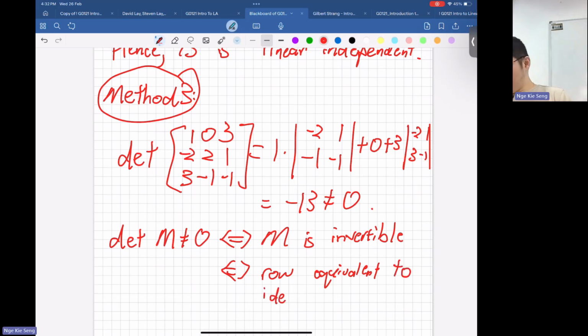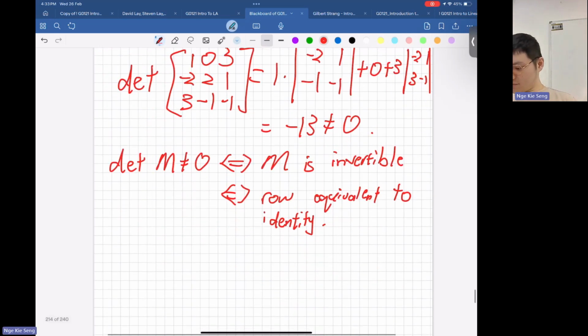But row equivalent to identity means the RREF of this matrix has a pivot in every row and every column. We settle everything at once.